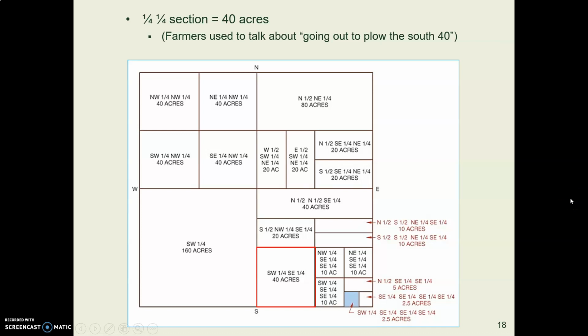So you may have heard old-time farmers, when I was a kid, farmers would talk about going out to plow the South 40. What that meant was they had this section, they had this quarter section, and down in the south of their quarter section was a quarter. That was 40 acres, and that was the South 40.